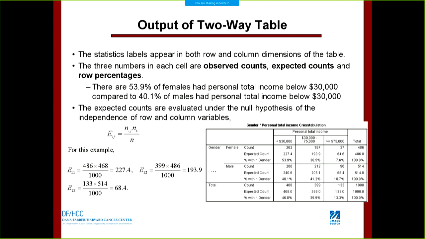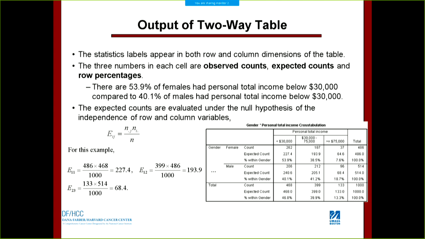There is about 19% of observations in the category of the higher income. Now, for the lower income, for the female, it's about 54% in the category of the lower income, compared to the 40% of the male in the category of the lower income. So you can see those percentages are quite different. By guessing, I would say yes, there could be some association between gender and the personal income.